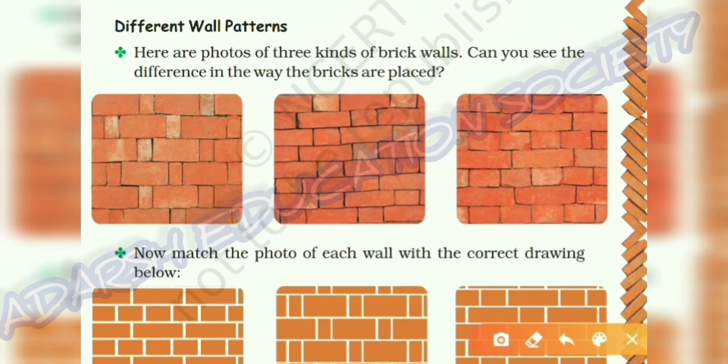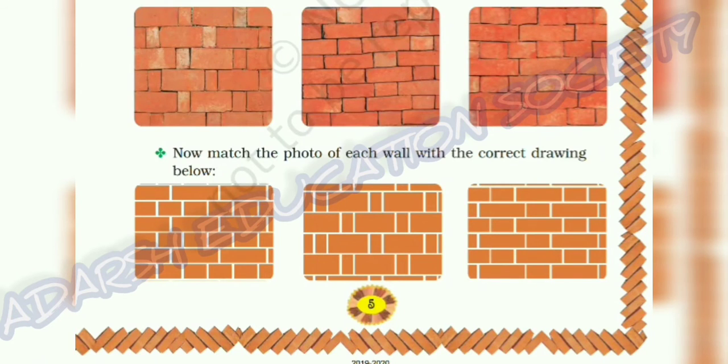Next, now match the photos of each wall with the correct drawing below. Here they give us 3 other drawings of brick designs. We have to find the same picture as the above pattern and match it with its same picture. Look at the first drawing.